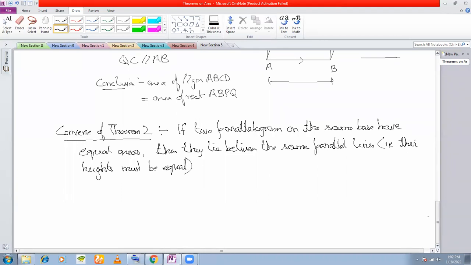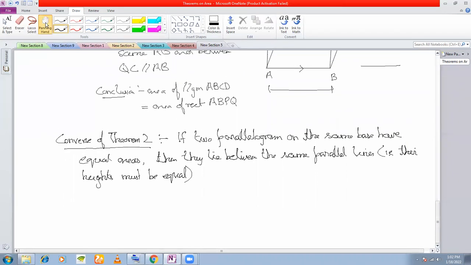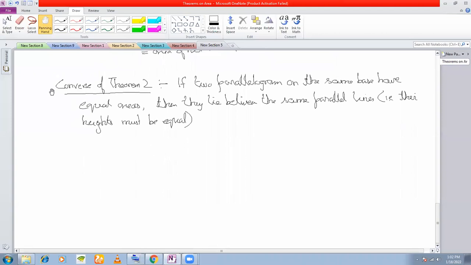I think it does not require explanation. I think the converse is okay, not too important. So if I give you two parallelograms, if I tell you that they have the same base and they also have equal area, then you must conclude that their heights must be equal, or they must lie between the same parallels. Okay, fine.